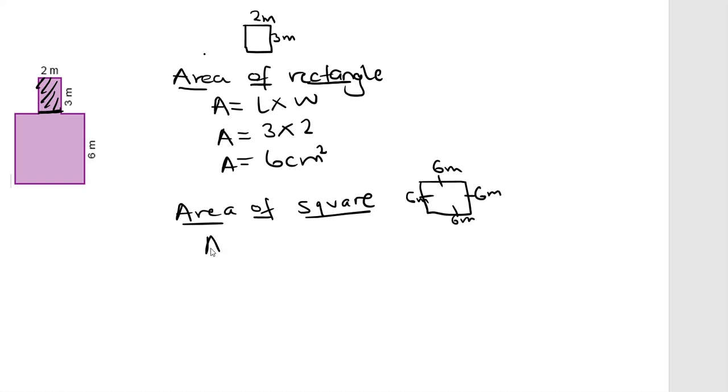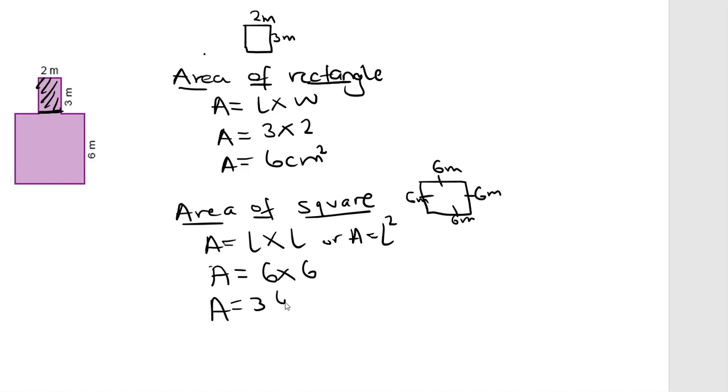Now the area of a square, its formula is L times L, or you can just write L squared. Either one is correct. Area is equal to 6 times 6, and we can see why it's L and L, the same number. And area is equal to 36 centimeters squared.